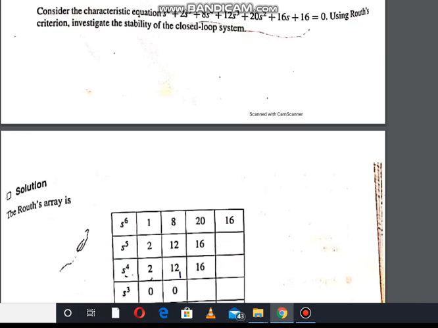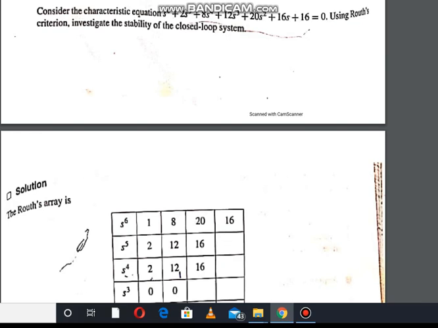Then s to the power 5, n is 5, an odd number, so we consider the s to the power 5 coefficient 2 in the second row first column, and the s cube coefficient is 12, s to the power 1 coefficient is 16.